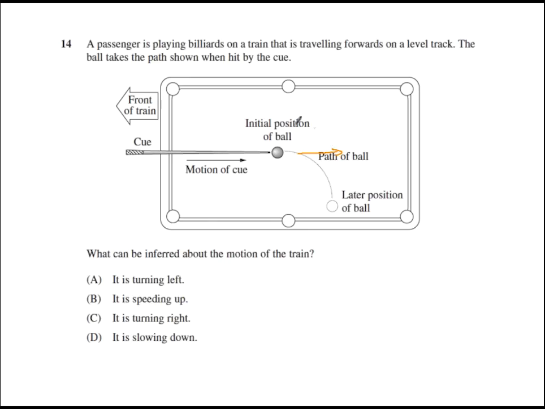So basically the table itself is actually moving and you are moving with the table, and therefore the ball would have an appearance of moving around, but actually it's the table that's moving and you're moving with it. That's the whole nature of relative motion in non-inertial frames of reference.